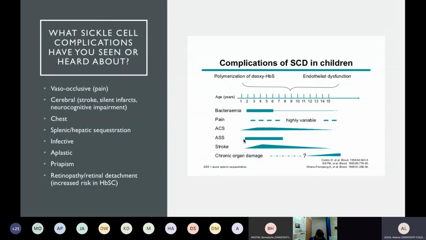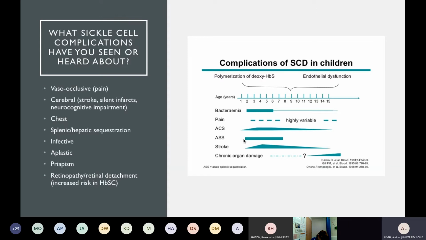Once it's happened once, they have a propensity to re-sequester. So it's not uncommon to have children or young people where their spleen may not be palpable normally or a couple of centimeters, and then it suddenly increases to 5 or 6 centimeters. They may need transfusing. It may take a little while to go down, by that I mean a week or two. It may or may not go back down to baseline, but then it can happen again.